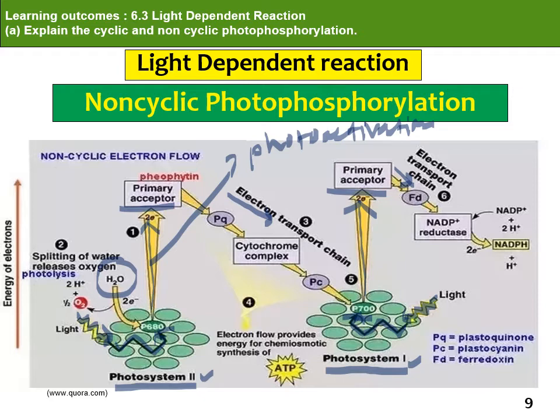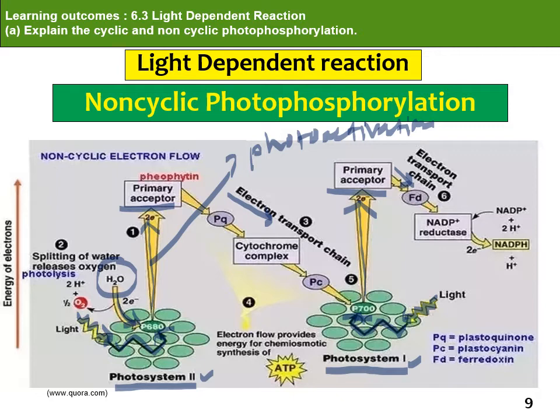Okay, so elektron ni, okay, kalian lihat elektron daripada photolysis of water ni yang akan neutralizekan the positively charged reaction center in P680. Okay, nampak dua elektron pergi kepada P680.